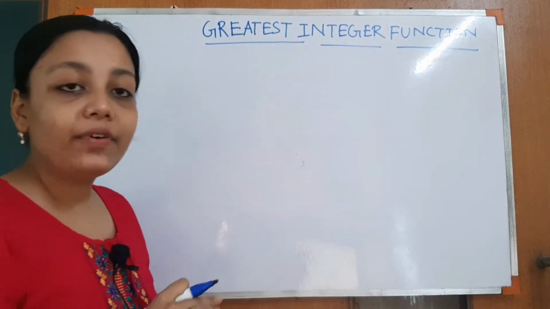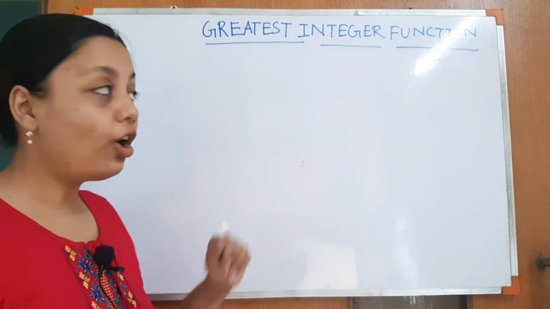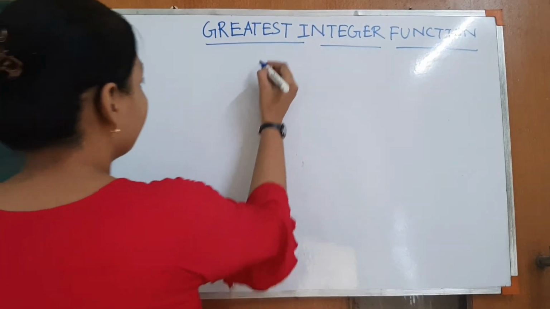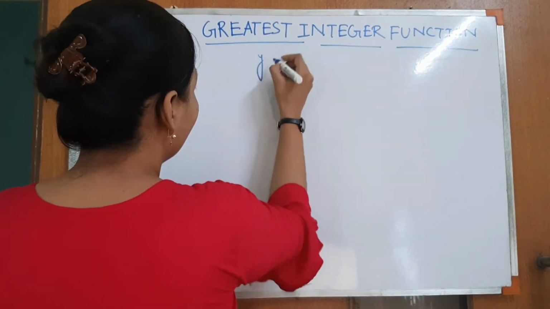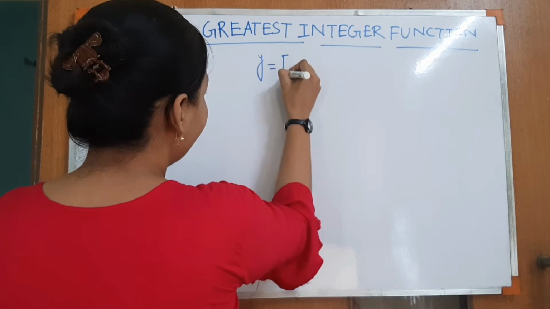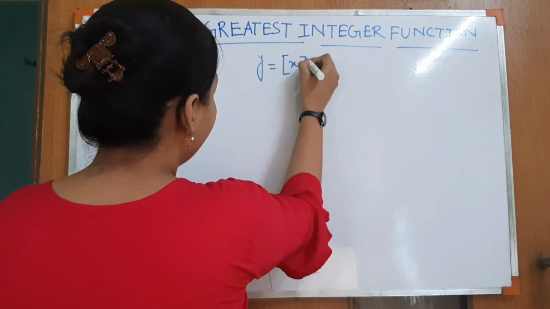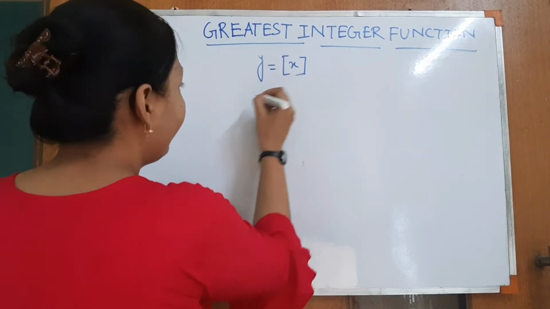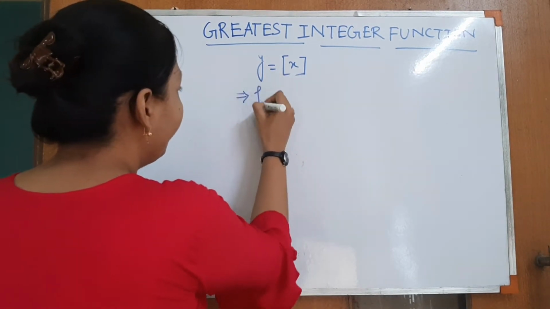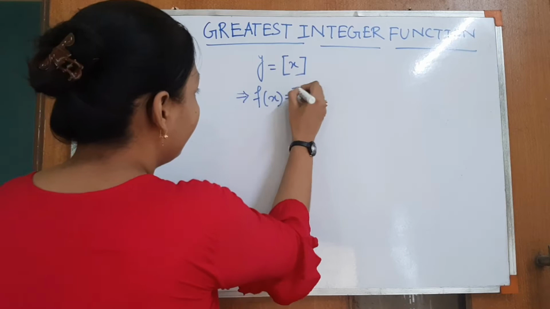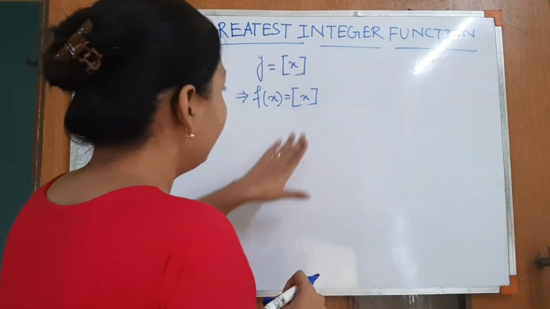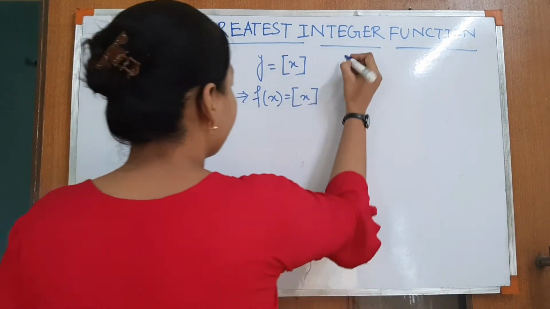Okay, this function is also called the box function or the floor function. This function is in the form box x. We take y equal to box x, or f(x) equal to box x.